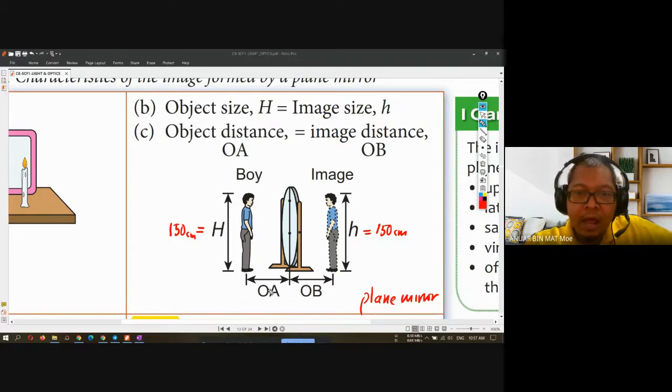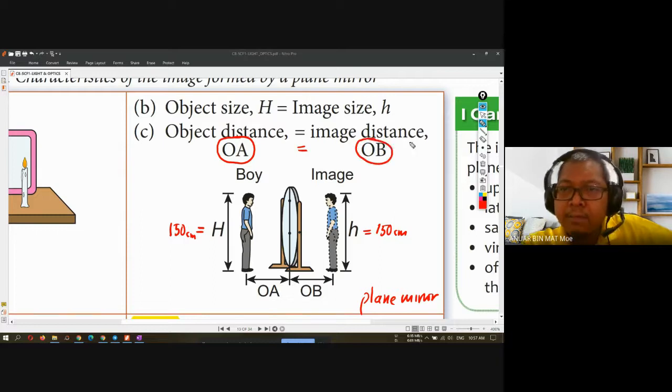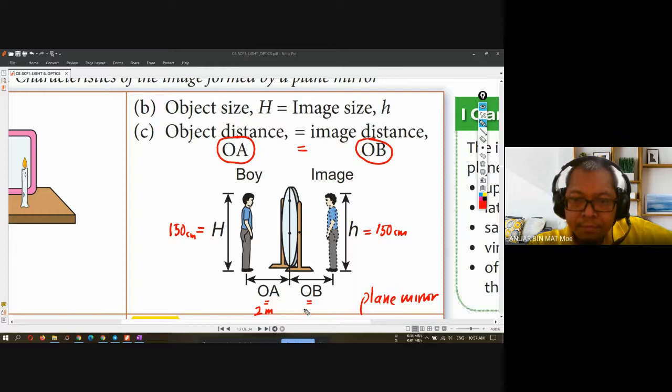Okay, and then how about the OA, the object distance? OA, object distance, is equal to the image distance. Image distance meaning the image that forms on the plane mirror. For example, if the distance of OA is 2 meter, and then the image distance is also, class? 2. Yes, very good. Also 2 meter.